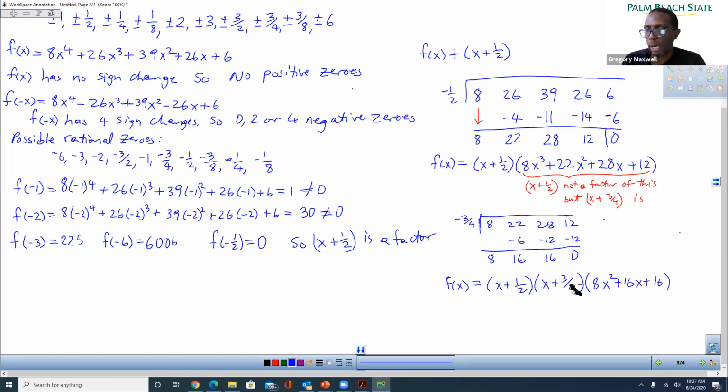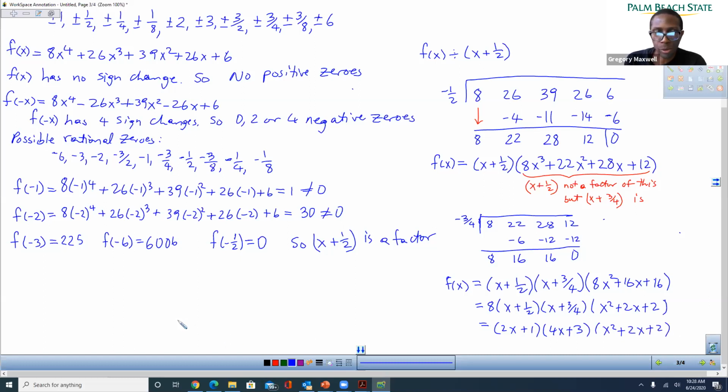By the way, if you factor out 8, you will get 8 times x plus half times x plus 3/4 times x squared plus 2x plus 2. And as you can see, this doesn't factor. If you split up this 8 into 2 times 4, you end up with 2x plus 1 times 4x plus 3, and then the x squared plus 2x plus 2.